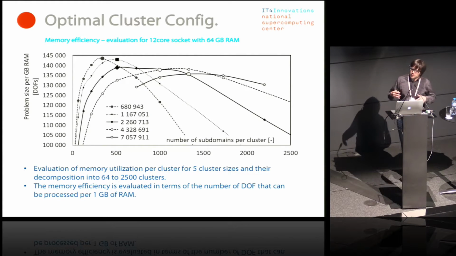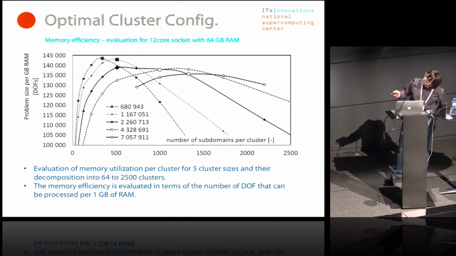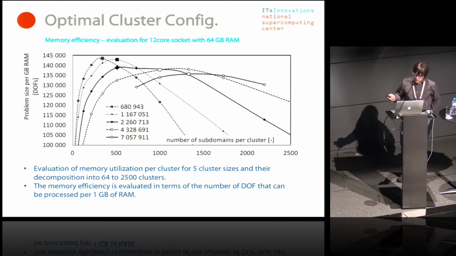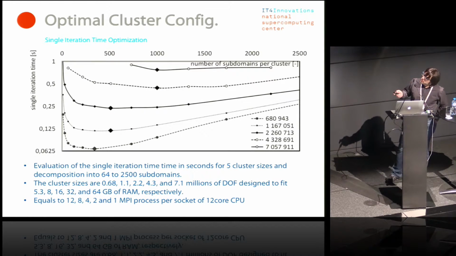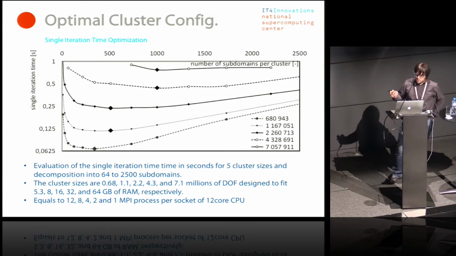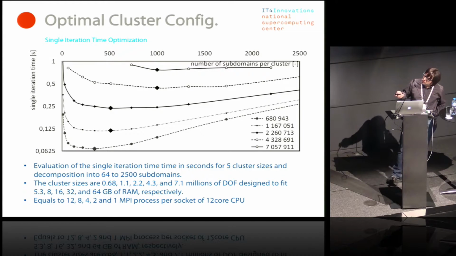And this is, as I said, one configuration that we use. The other extreme would be the large clusters. And that's what we have to use if we run the test on an entire machine of, let's say, 10,000 compute nodes. Then the other optimization is for the single iteration time, and this really tells us what decomposition we should use, how many subdomains we should use on the cluster to get the fastest single iteration time.